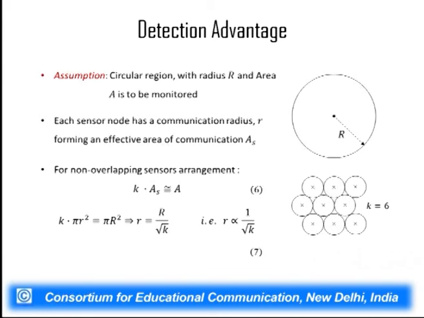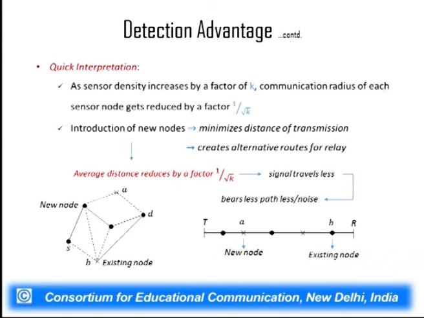If we ignore the constant, we get a proportional equation in which we can see that the communication radius R of a particular node is inversely proportional to the square root of the number of nodes being deployed in that region.